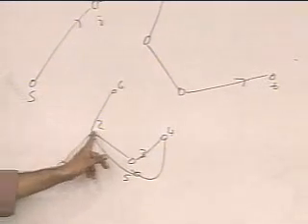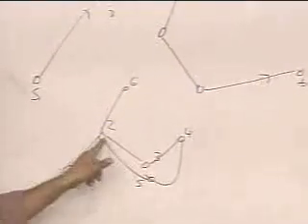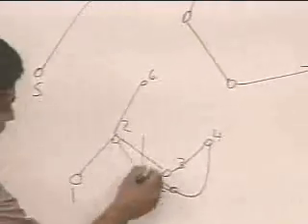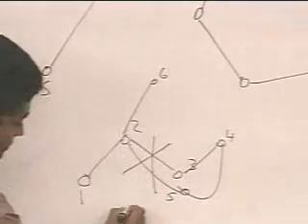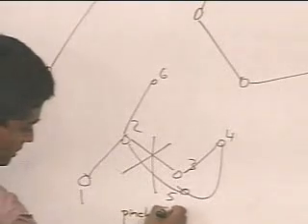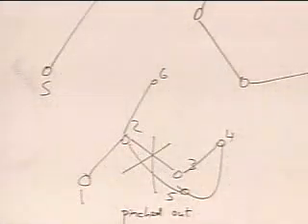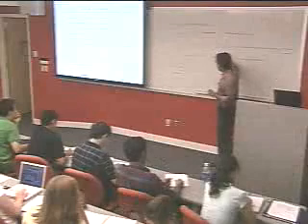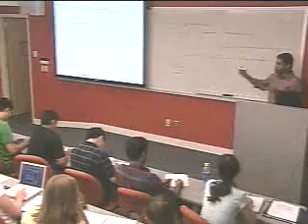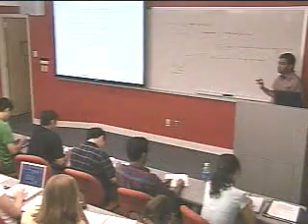This particular path starts from 2 to 3 to 4 to 5 to 2. So this particular part can be sort of pinched out. This is a path. 1, 2, 6 is a path. But if you go to 2, go around a while, come back to 2 and then go to 6, I will not call that a path. So path has a definite meaning. It means a sequence of edges such that no node is repeated.